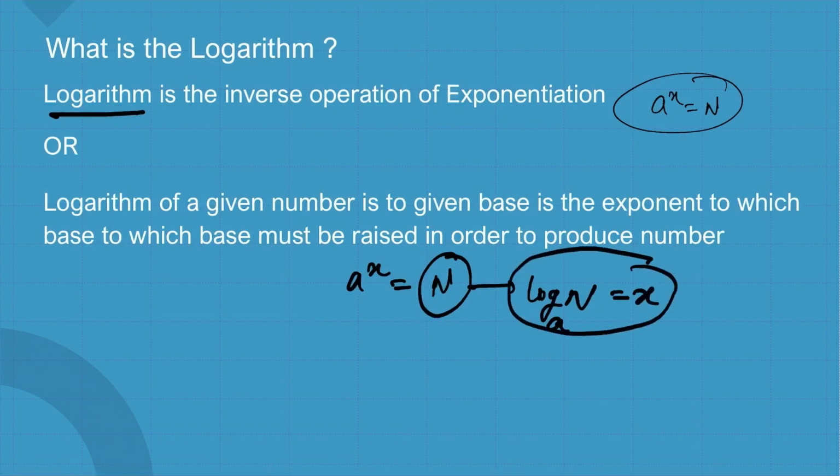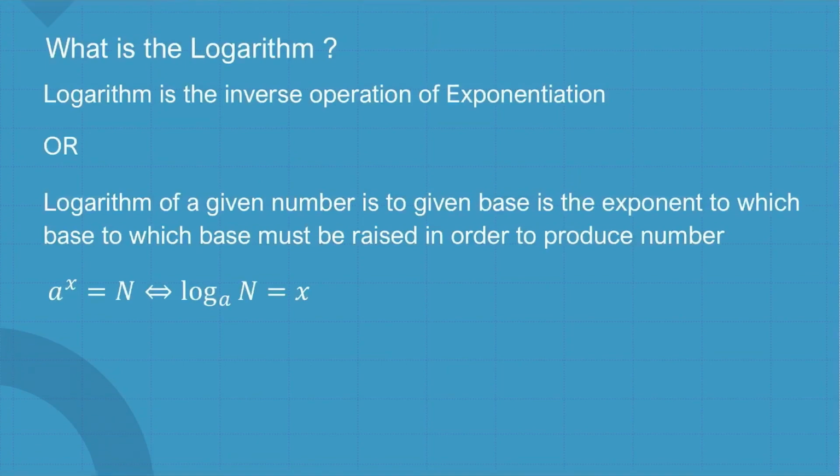So whenever we find the log of N with the same base a, it will be equal to the exponent of the base. So this is the logarithm. If a raised to the power x is equal to N, then we can say that log of base a of the number capital N will be equal to x.